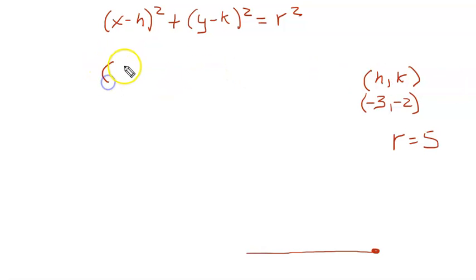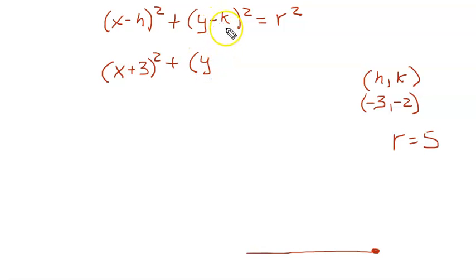So we're going to get x. Now we know our h is -3. So there's a negative in the formula. So the opposite of -3 makes this a +3. And we know our k is -2.